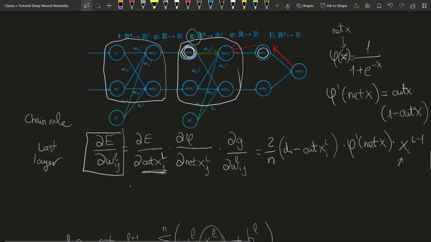So that's all. This is the first important thing in backpropagation, and in the next videos we will see how we can do the backpropagation in the layers previous to the last layer. So see you in the next video.